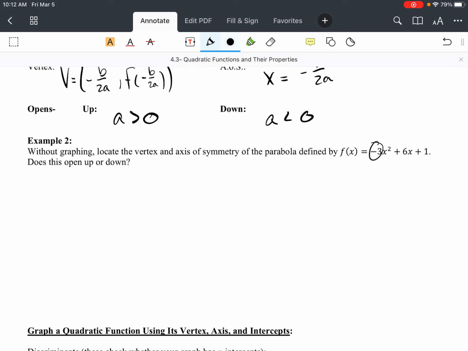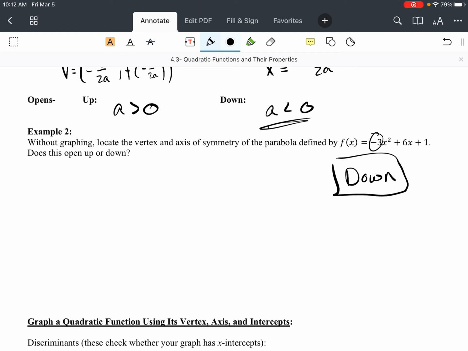So we can do the up and down really quick. Our a is -3. That is less than 0, so it is going to open down. Now let's do the axis of symmetry. You can find it by simply saying x = -b over 2a.